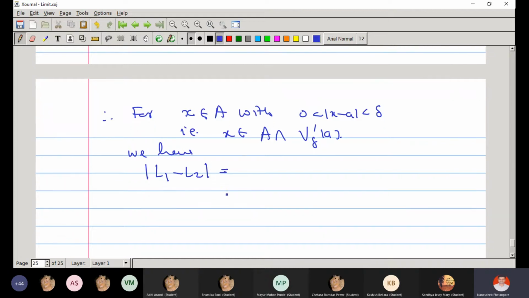I am looking at the absolute value of L1 minus L2. I will add f(x) and subtract f(x), keeping L2 as it is. Which number am I adding and subtracting? Yes, sir, I am adding and subtracting f(x).